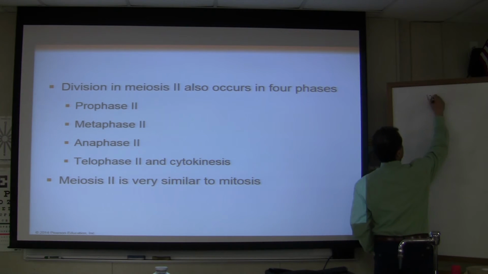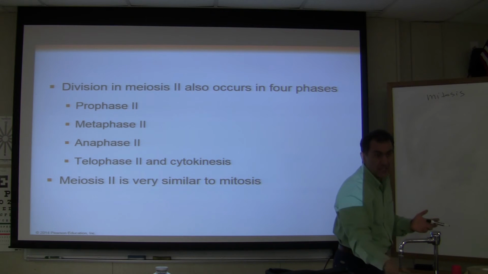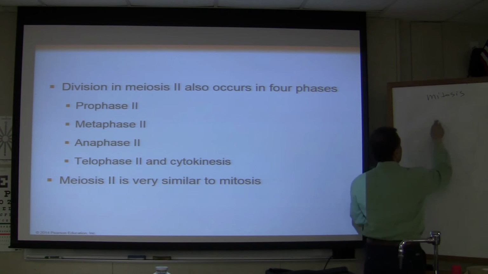Okay, mitosis. I'm not going to draw all of the stages. But right here, you have a cell, and you have a black chromosome and a red chromosome. They duplicated.